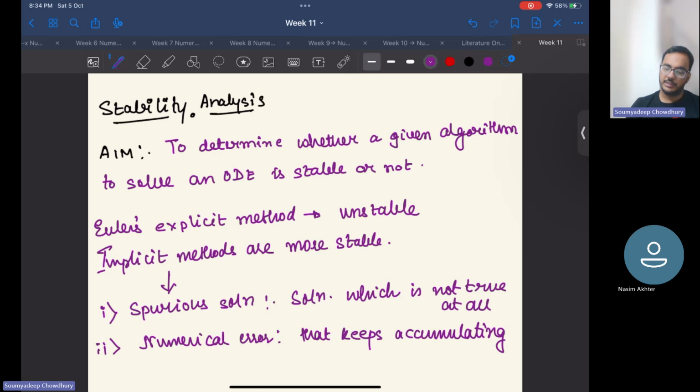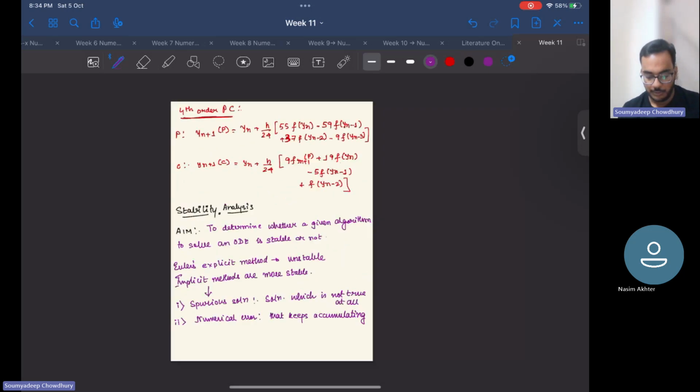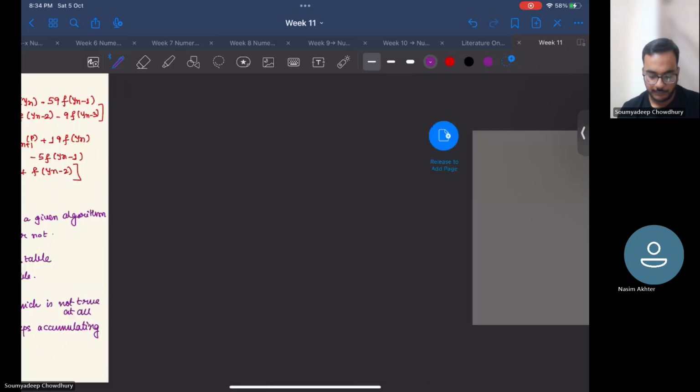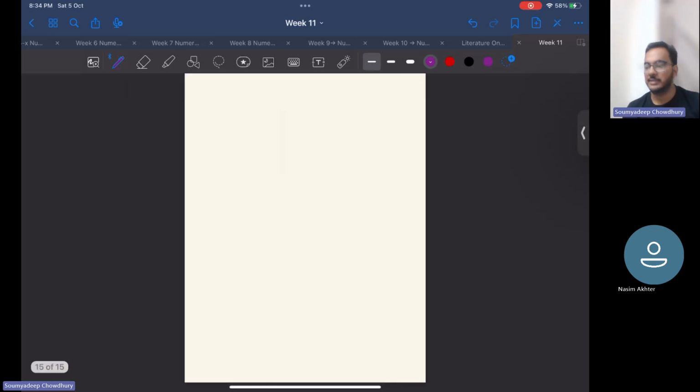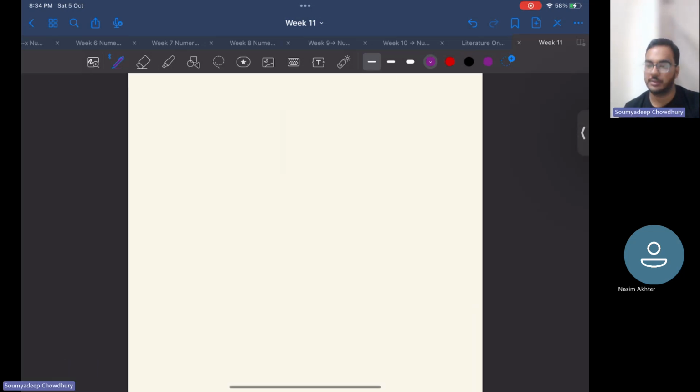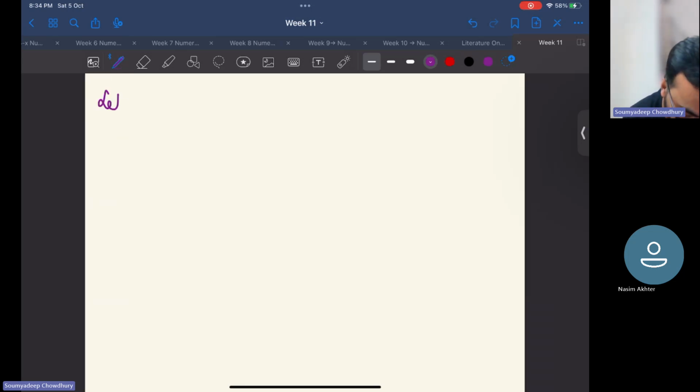These are the two ways in which our solution of an ODE can become inaccurate. We'll look into the difference between them: what is a spurious solution, and what is a numerical error solution.